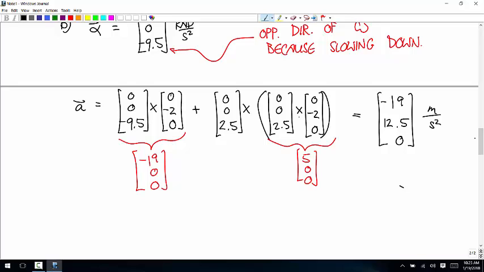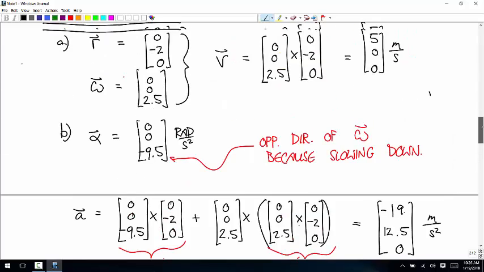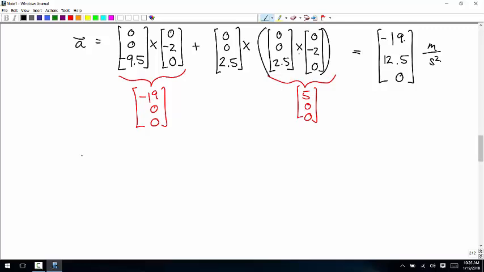This equation is what I call the watermelon equation. By the way, you'll see that in notes. Acceleration is equal to alpha cross r plus omega cross quantity omega cross r.